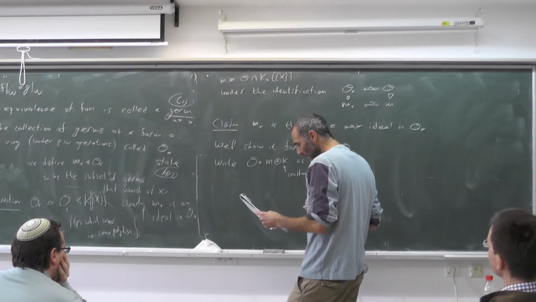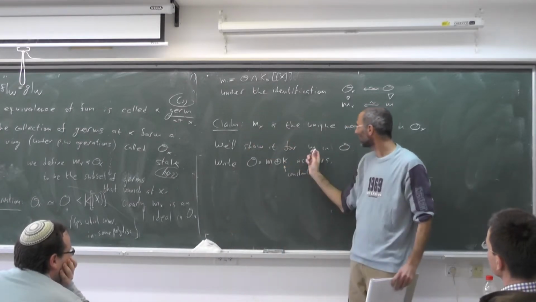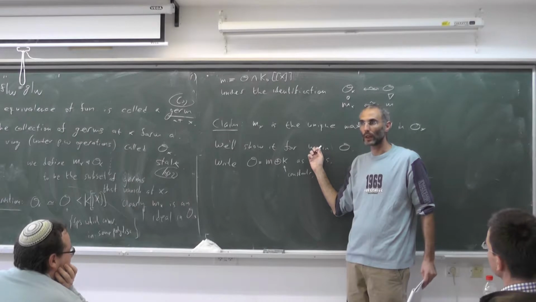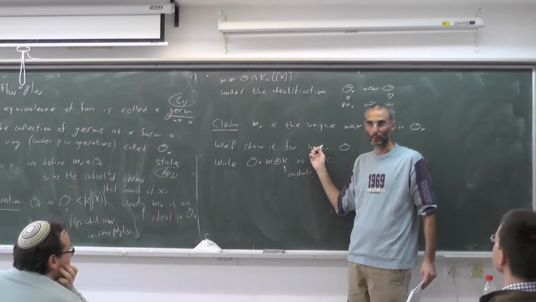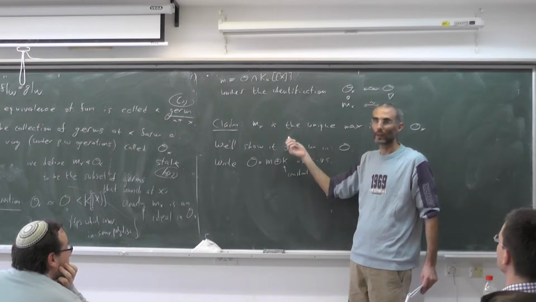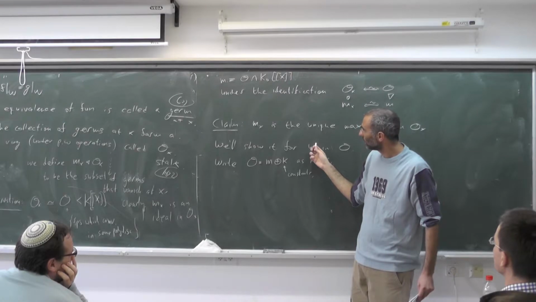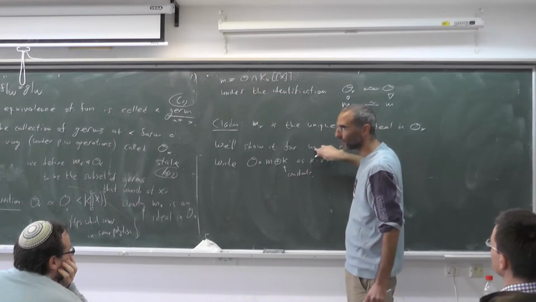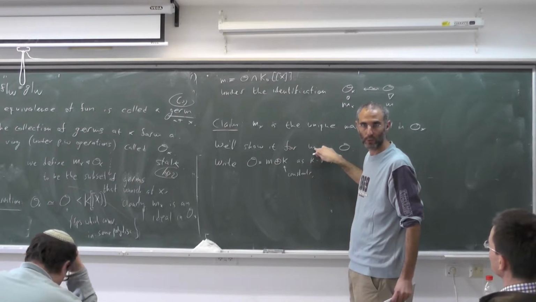Now, the claim, okay, this is a remark, I'm not using it right now, but what is this claim? That m is the unique maximal ideal. It's the same as saying that every element which is not in it is invertible. It is rather easy to invert every element as a formal power series, every element which is not in m.